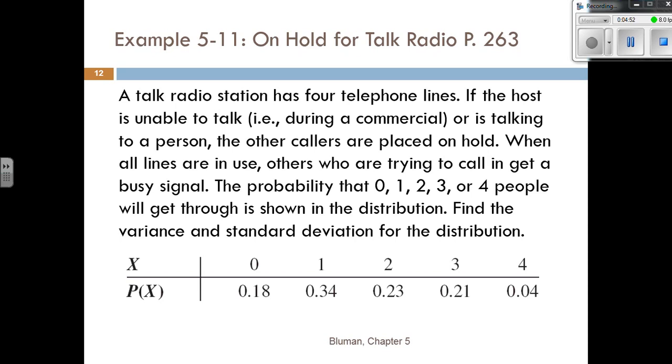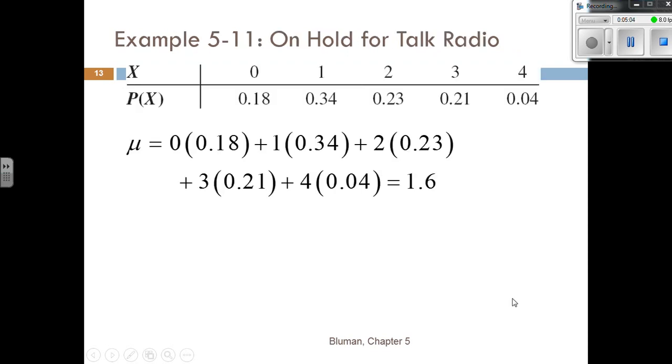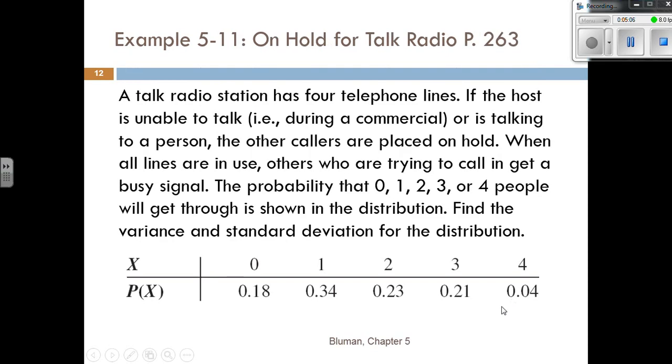So this is basically saying that 0 people will get through 0.18 of the time, 1 person will get through 0.34, and so on. We want to find the variance and the standard deviation.